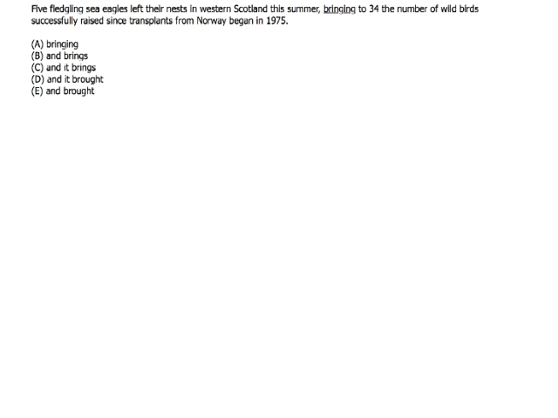I'm going to hesitate to use words like easy, because what one person thinks is easy, another person won't. But consider that, and consider this. There's no it. What is the thing that brought the number of successfully raised wild birds up to 34?